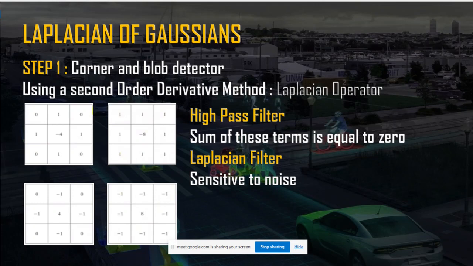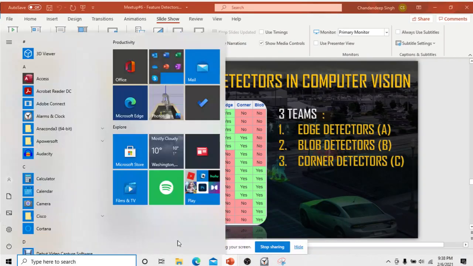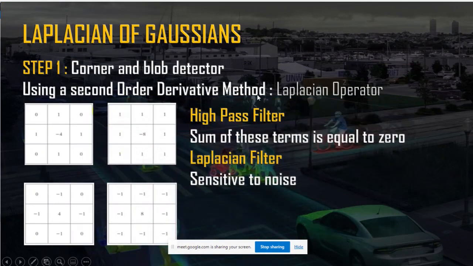But let's start. Laplacian of Gaussians is a corner and blob detector, and the approach that we are using to detect the corners and blobs is a second order derivative. We are using high pass filters, and by high pass filters we mean that the sum of all of the terms in a window is equal to zero.